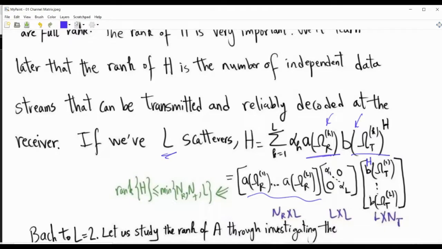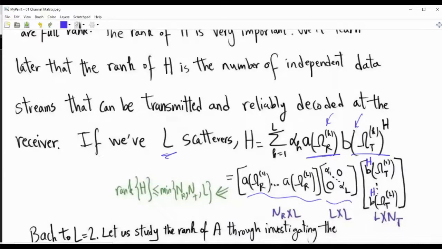So we need a Hermitian here. The rows are the Hermitian of the B vectors, and those are parameterized by the angles between the transmit array, the line along which the transmit antennas are placed, and unit vectors pointing to the scatterers.